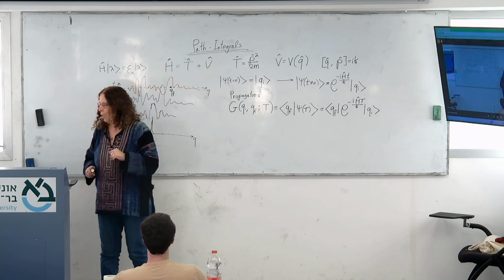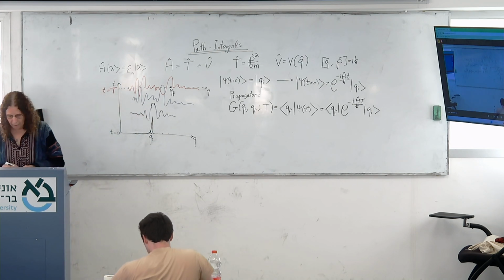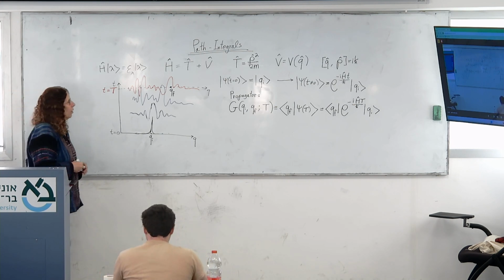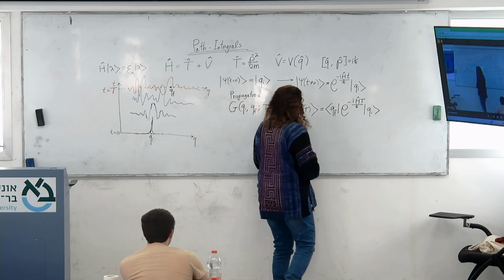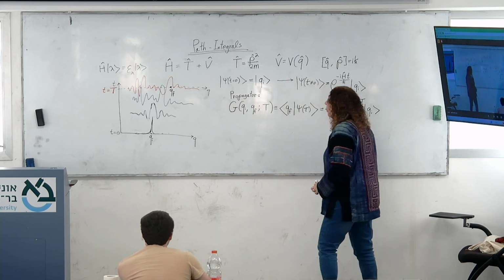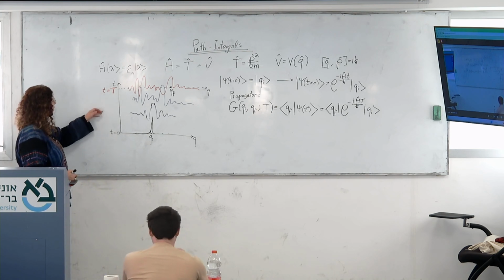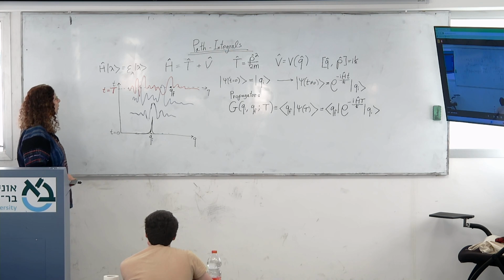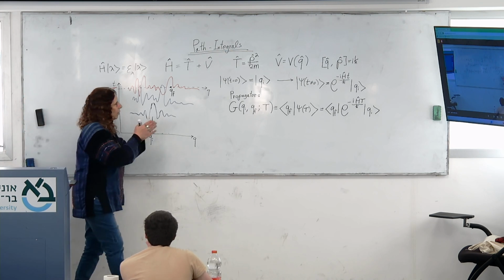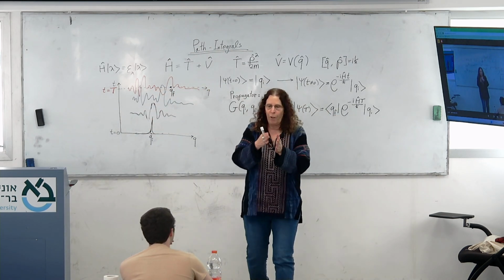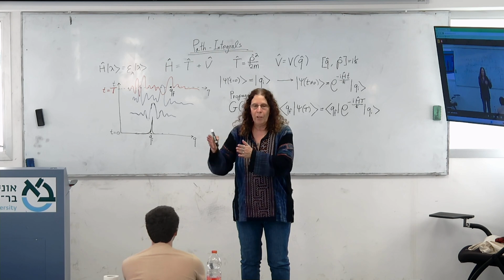Okay? So, all right. We do the following trick. Okay? So here I'm describing a time evolution over some time capital T. I can look at it, I can split the time evolution to very, very short time windows.